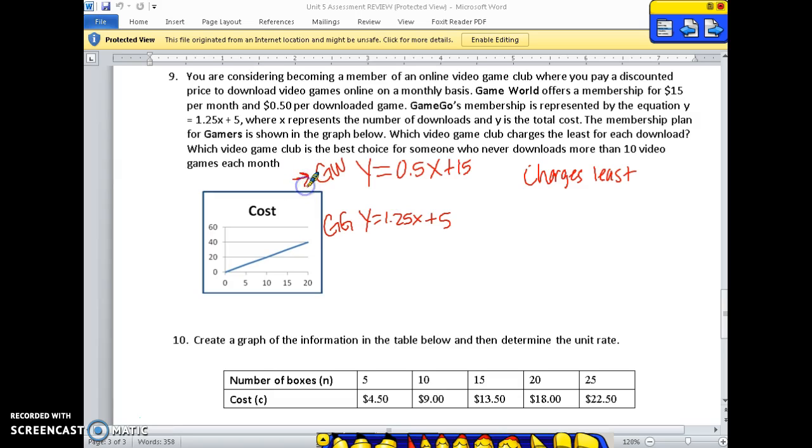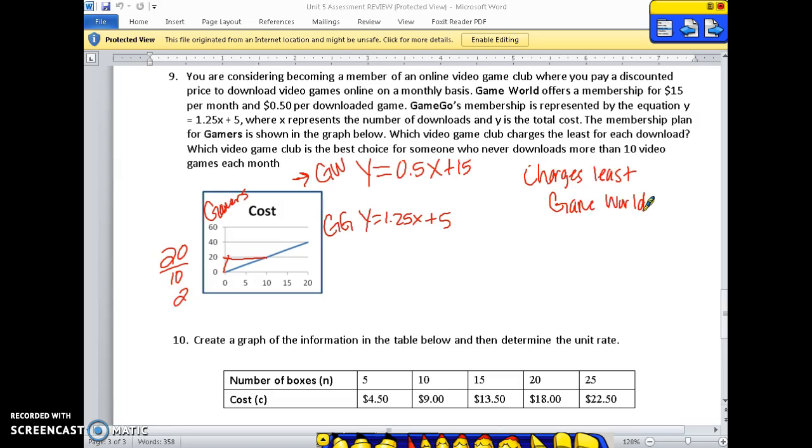So far, Game World is winning. At our gamers graph, we are going up 20 to the right 10, so that's 20 over 10, which comes out to be 2 for our slope, or $2 per download. So Game World is the cheapest per download.